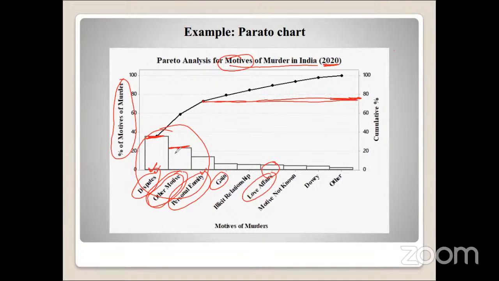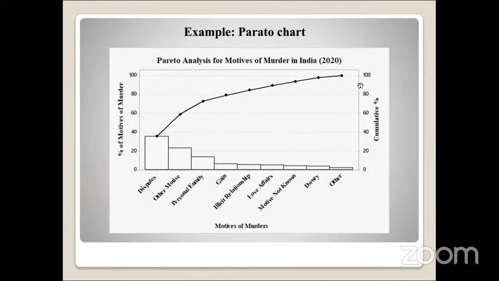So most of the murders are due to these three reasons. So the Indian government should focus on solving the disputes and personal enemies. What is to be done for Indian people should be done by the government.